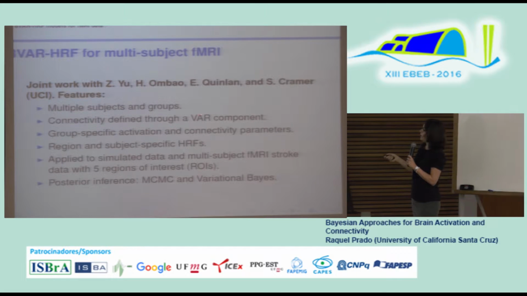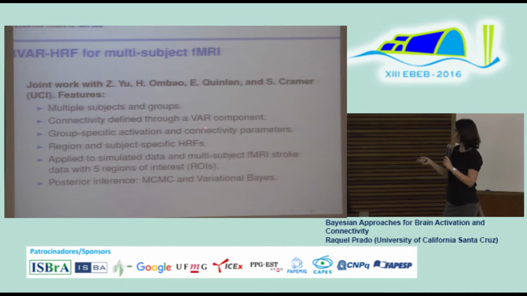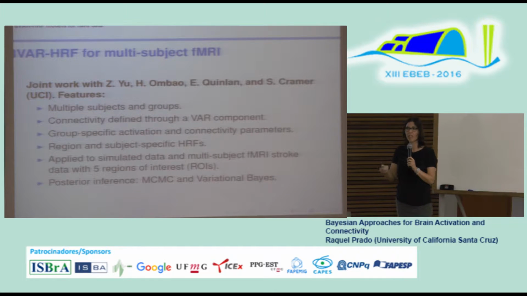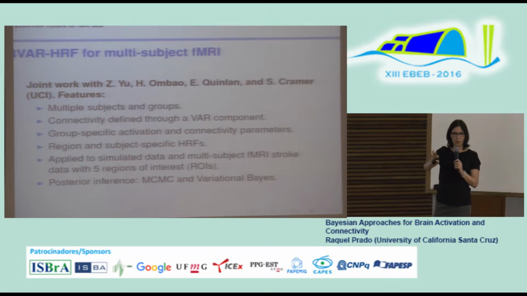The connectivity, in terms of the elements of the model, we define through a vector autoregressive component with spike and slab type of priors. Then we have group-specific activation and connectivity parameters. One of the important features here is that we are assuming that we don't know what the hemodynamic response functions are, and we're going to assume that they are subject-specific and also region-specific.